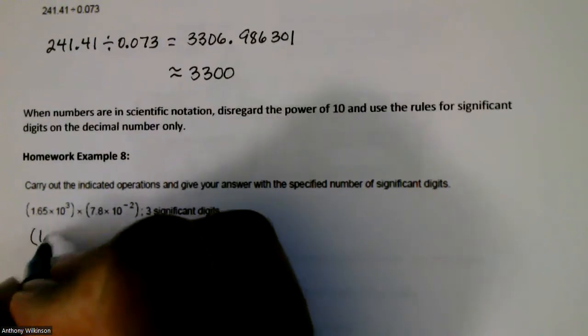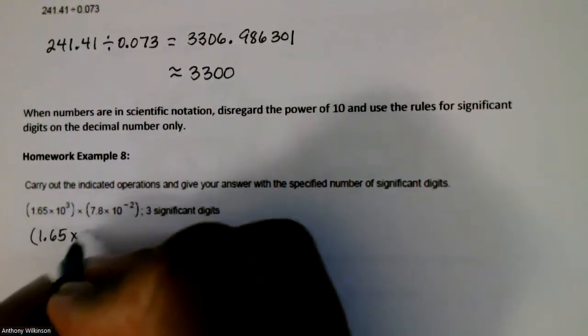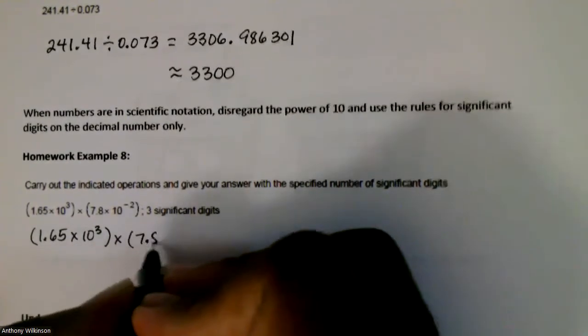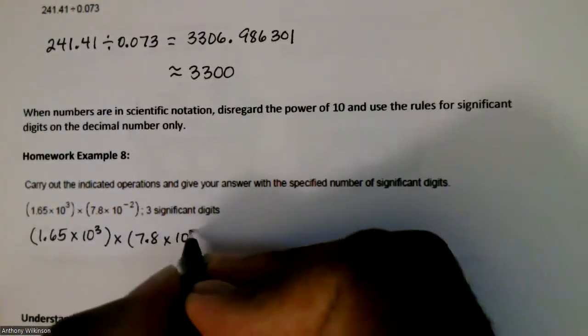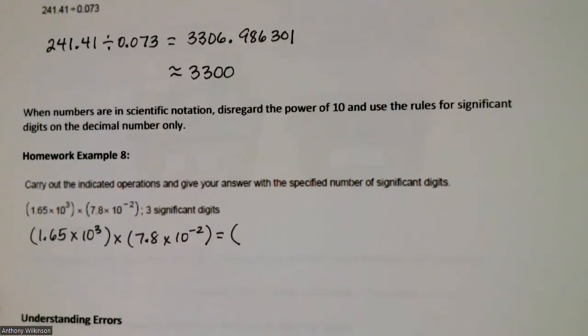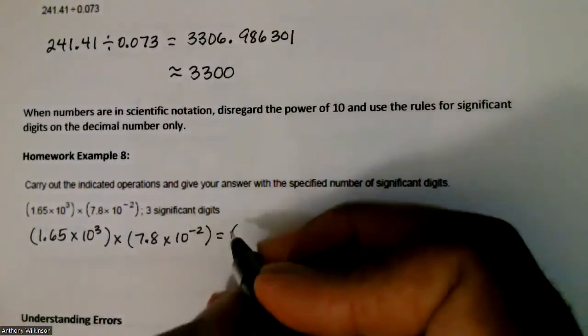So I'll go ahead and write this out, 1.65 times 10 cubed times 7.8 times 10 to the negative 2. And if you remember, when we multiply scientific notation, we multiply the numbers that are in front of the powers of 10.